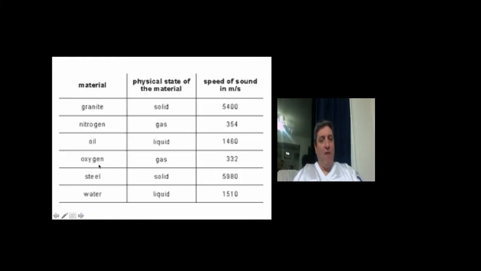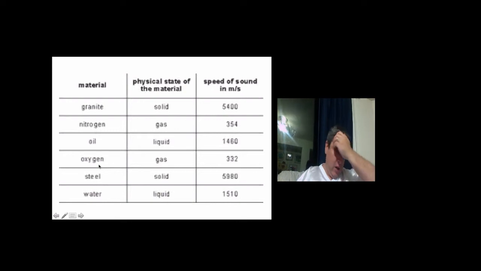If we look here, we have a chart of how fast sound travels through different types of medium. If you look at the solids, we have granite and steel. It travels much, much faster through those than, say, a liquid. And a liquid travels much, much faster than through a gas. Sound has to have molecules to vibrate to travel.